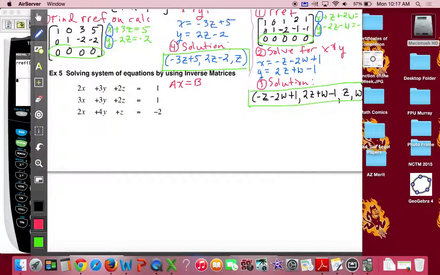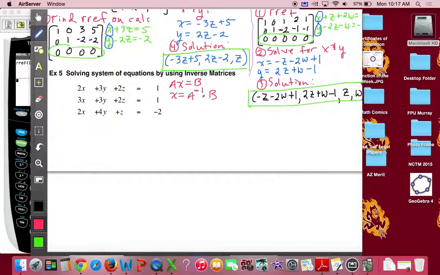What would you normally do to solve for x? Well, normally to solve for x, you divide by A, right? But we can't divide a matrix by a matrix. So we multiplied by 1 over A, right? Which is the same as A to the negative 1. So if I multiply both sides by A to the negative 1, wouldn't I end up with x equaling A to the negative 1 times matrix B.